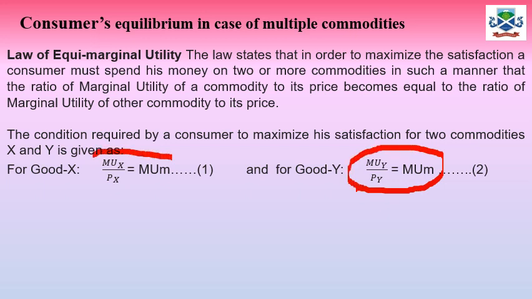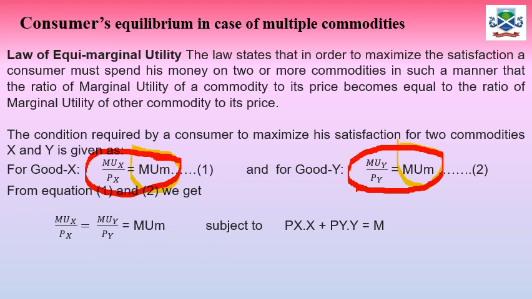Now if you check equation 1 and equation 2, the MUm on the right side is equal in both. So if we equate equations 1 and 2, since the right sides are equal, you will find MUx/Px equals MUy/Py.